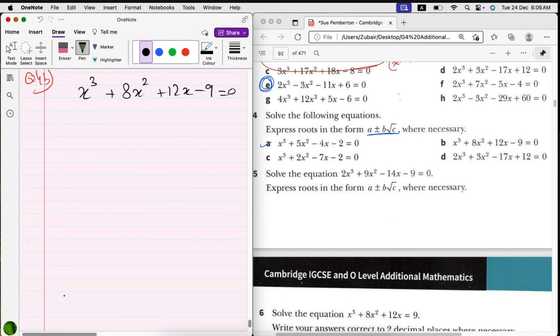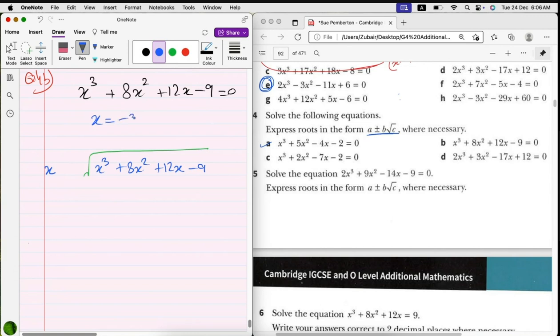Let me know when you get the first vector. Okay. So the first one I get is x equals -3 as a correct root.